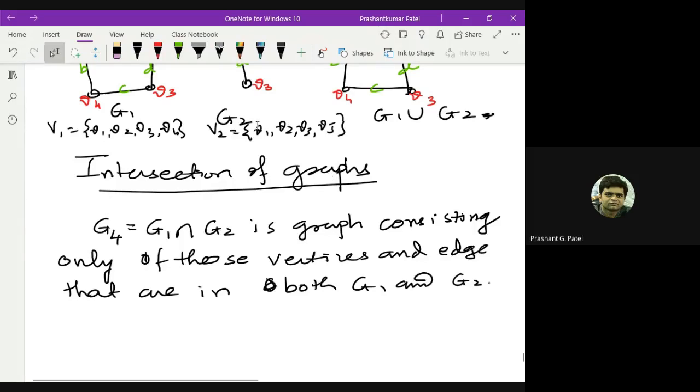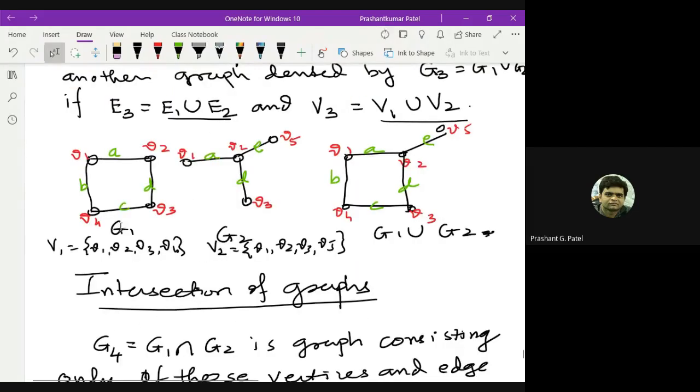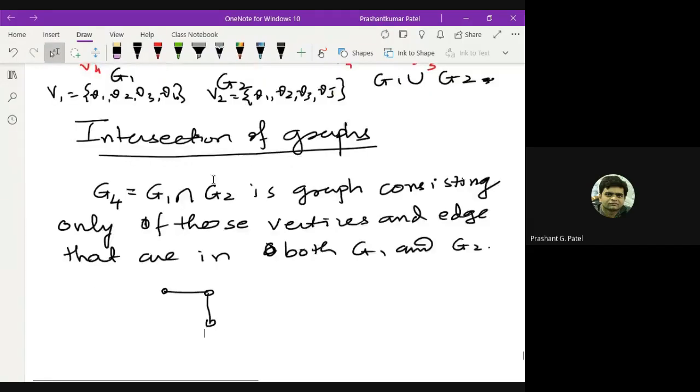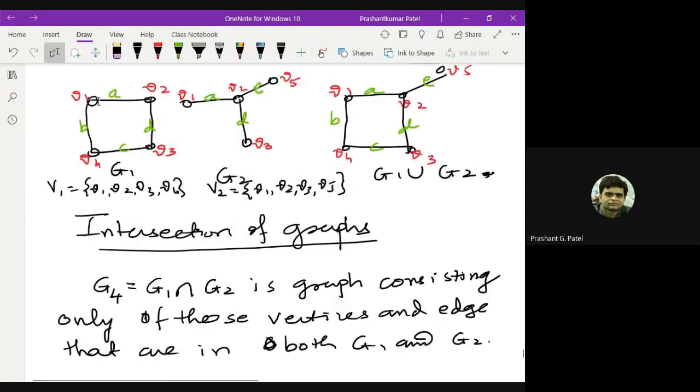That means if I want to draw the intersection of G1 and G2, you have to plot all those vertices which are in both. So V1 is in both, V2 is in both, V3 is in both. So the G4, we have this graph here, because A and D is a common edge, and V1, V2 and V3 are the vertices.